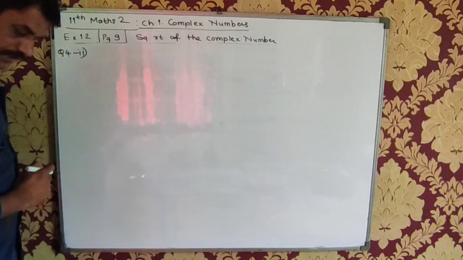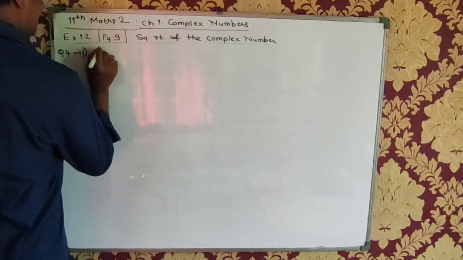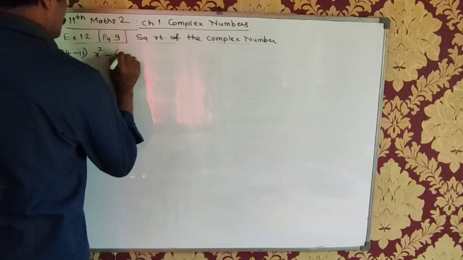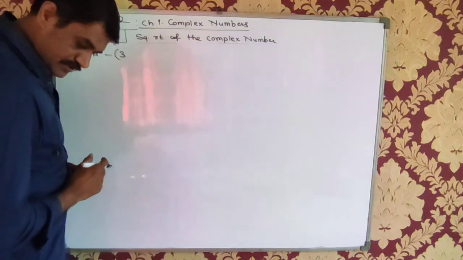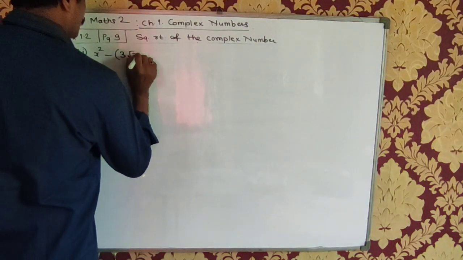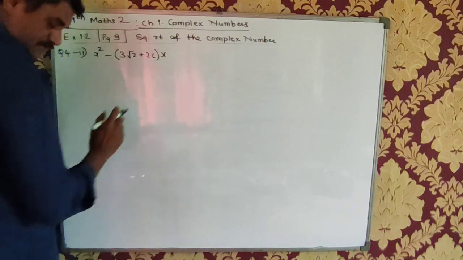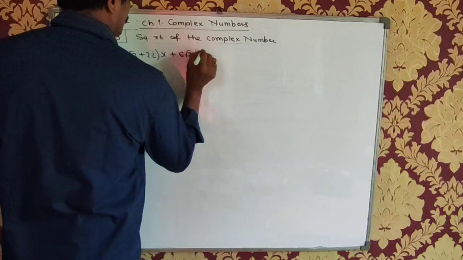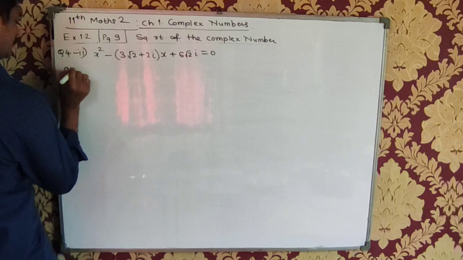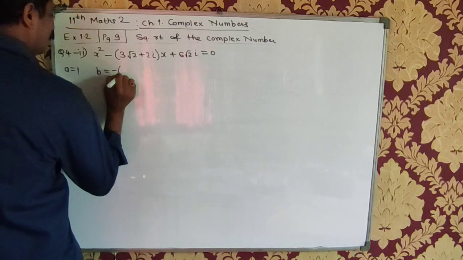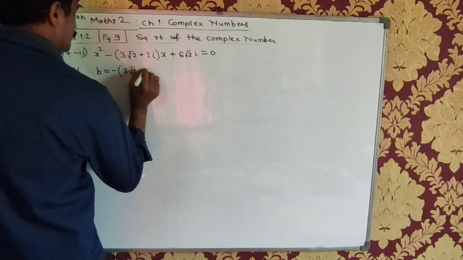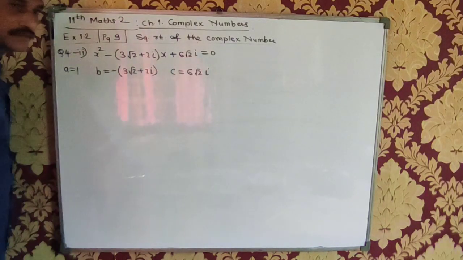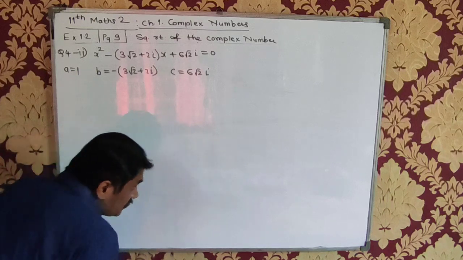Solve the following quadratic equation: x square minus (3 root 2 plus 2i) into x plus 6 root 2i is equal to 0. A is 1, b is minus (3 root 2 plus 2i) and c is equal to 6 root 2i. Correct? What is x equal to?